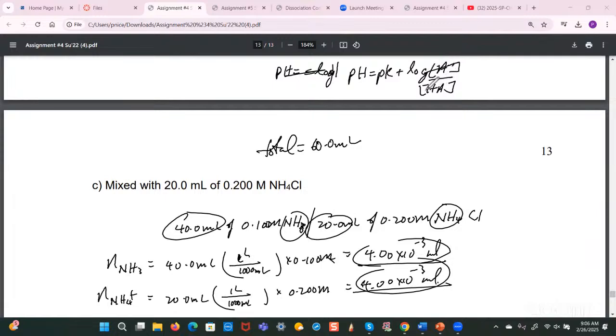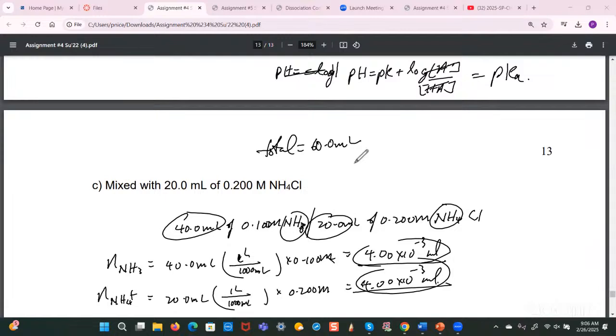So these two will cancel each other, and you end up with log of 1. And what is log of 1? 0, exactly. So basically, the pH would be equal to the pKa of the acid. So all we have to do is find the minus log of the Ka of the acid.